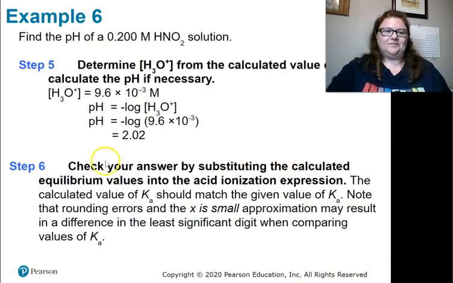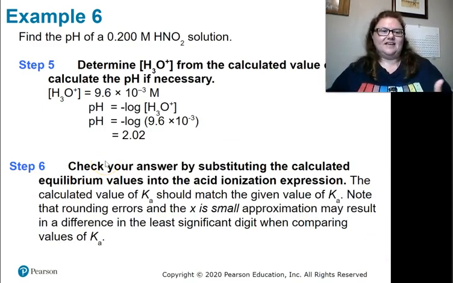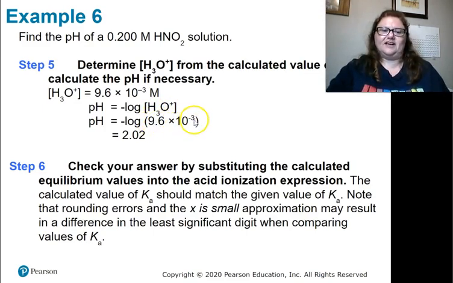So we continue on, and we can get the hydronium concentration from what we just calculated, which was our x, by plugging it into the log for getting pH. And so we plug this value in. That 3 up there, don't get confused, that's from the H3O, okay? Our number was 9.6 times 10 to the negative 3. So taking the negative log of that gives me 2.02.